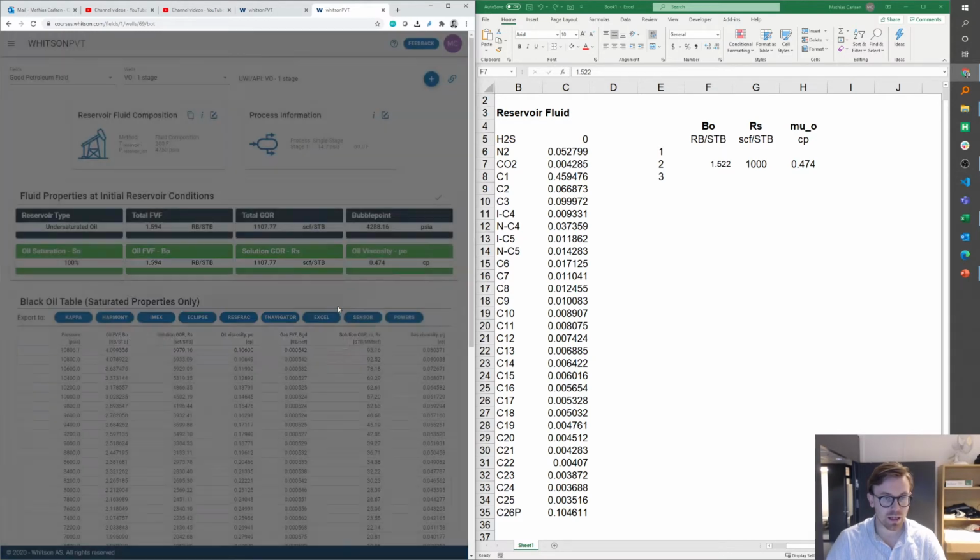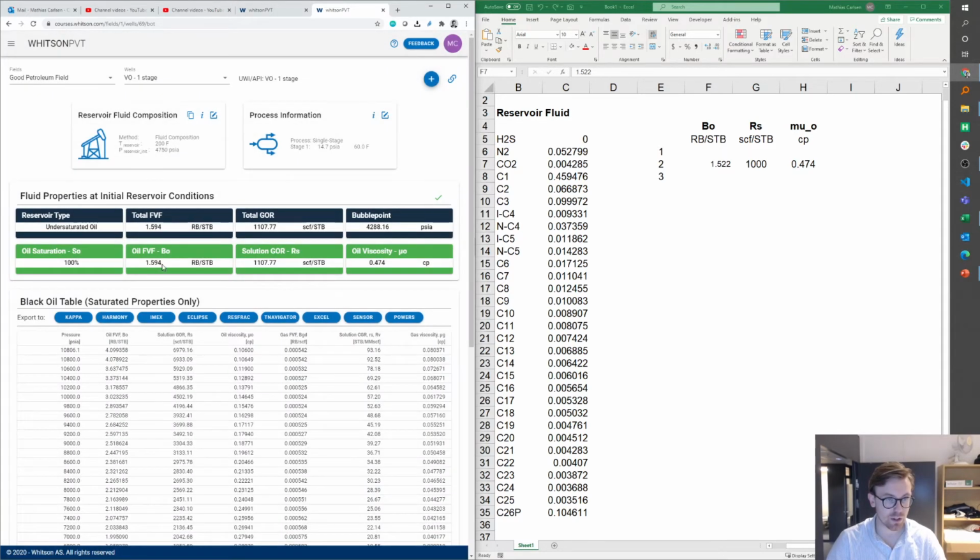And we see that the formation volume factor has changed. It's gone up quite significantly, actually. And the same with the GORs. And that's just something that you can keep in mind, that the GORs and formation volume factors, if one of them increases, both of them typically increase.